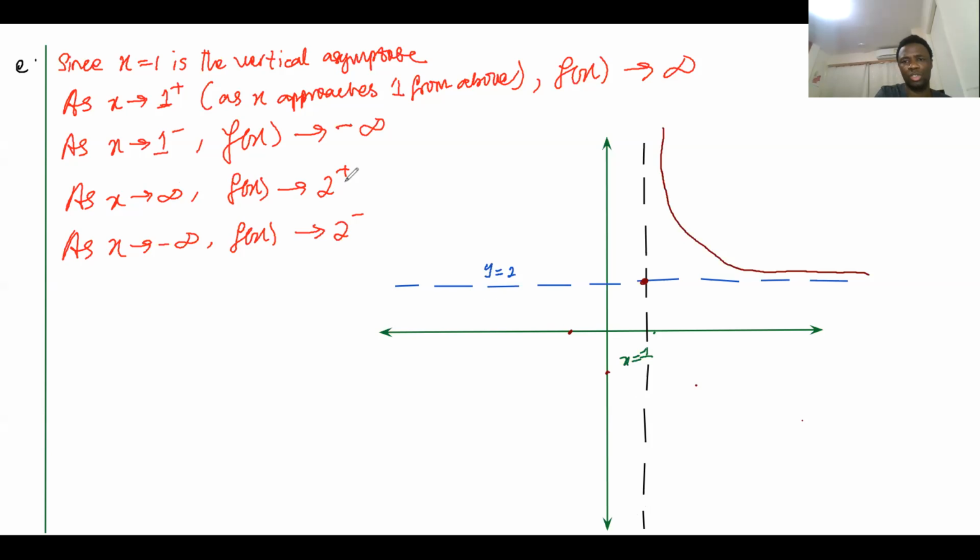You see it's coming from above and moving towards 2. When x tends towards negative infinity, that is on this side, the curve is moving close to 2 from below. That is, the curve is coming from below and is moving towards 2.